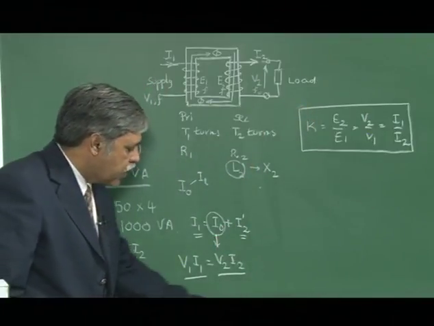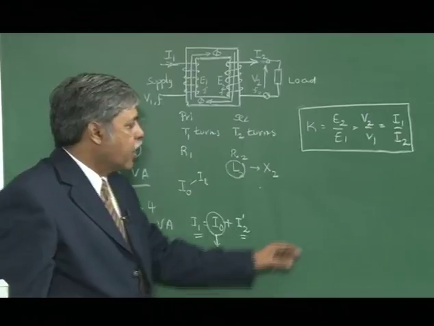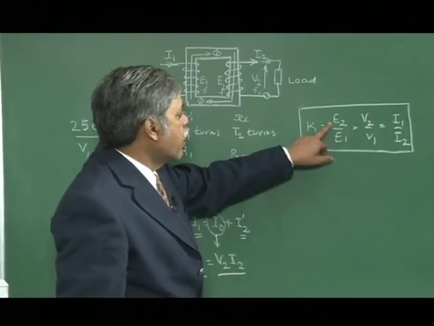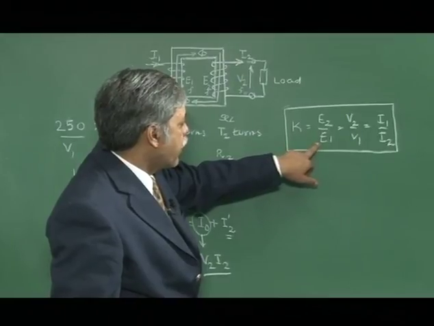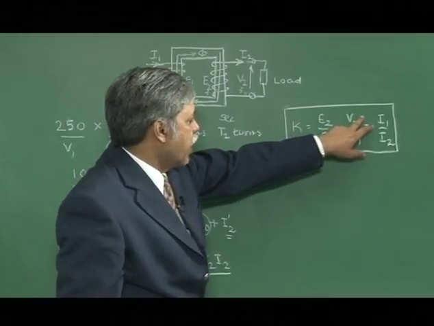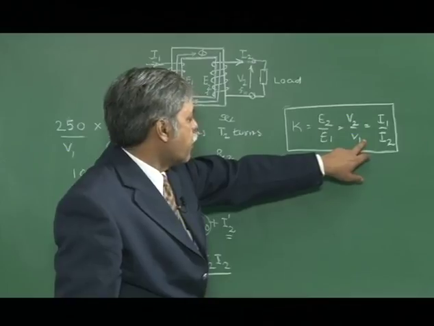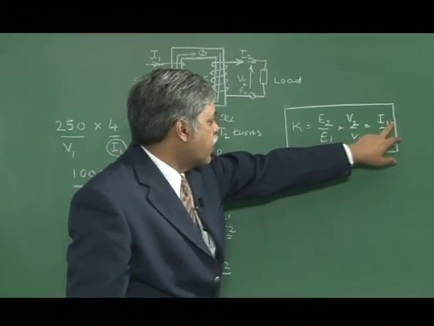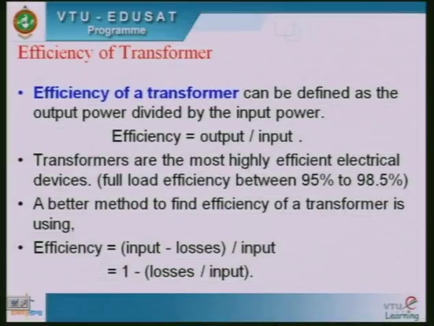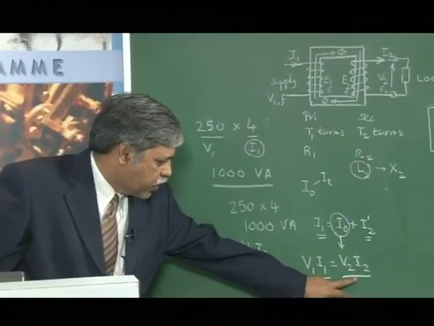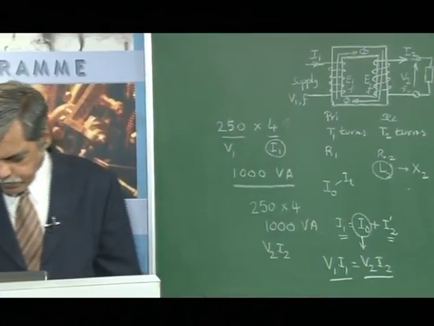When you read this equation, consider E2 to be the induced EMF in the secondary, E1 the induced EMF in the primary, V2 the secondary terminal voltage, V1 the primary supply voltage, I1 the primary current, and I2 the secondary current. For a transformer, always the primary volt amperes is equal to secondary volt amperes.